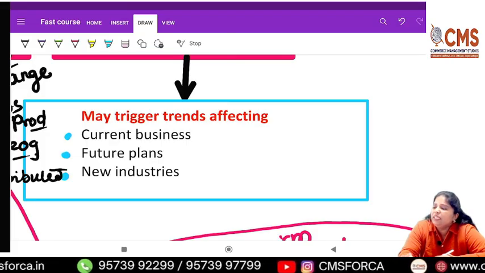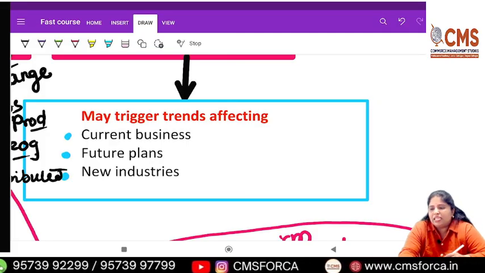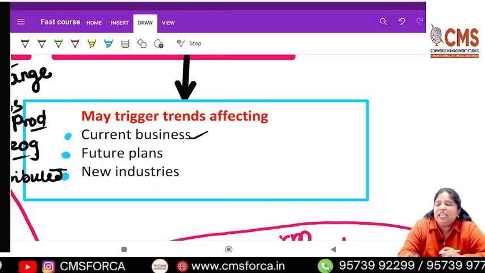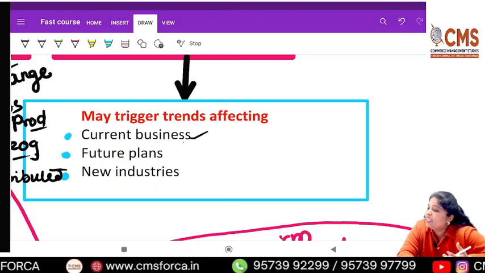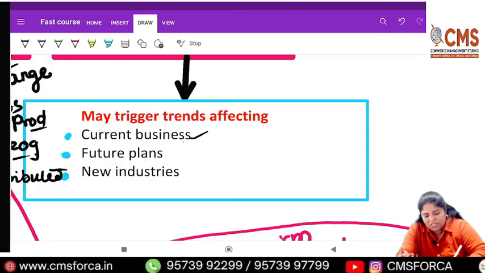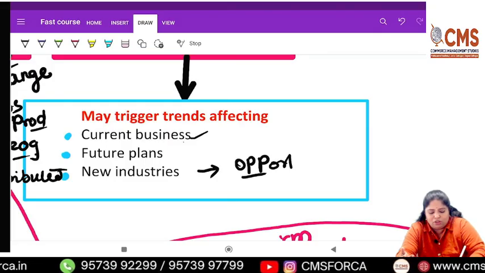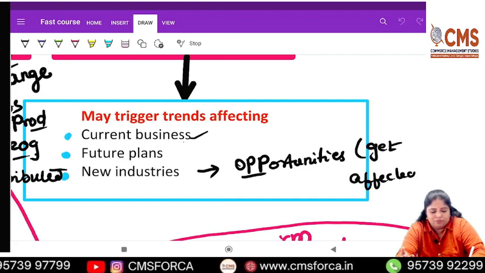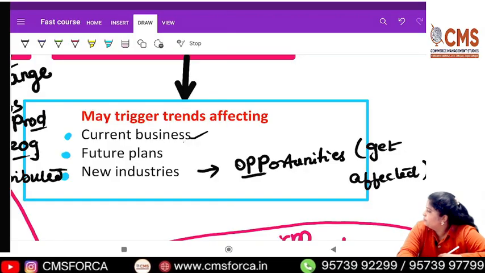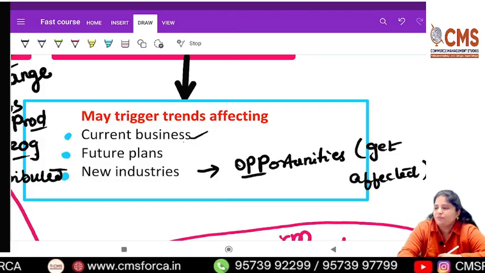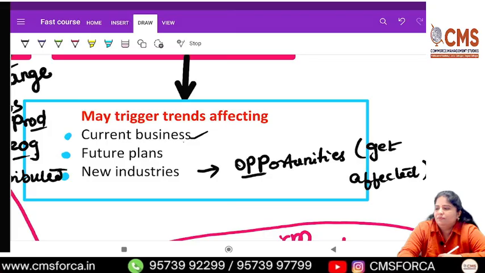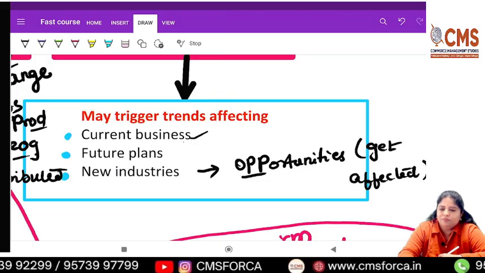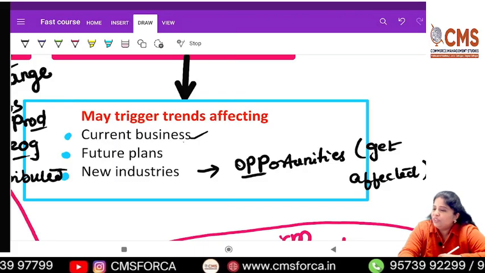When uncertainty affects the organization, their current business is affected, their future plans are affected, and even when they believe in diversifying and entering into a new market and new industry, their opportunities also get affected. Are we good till here?